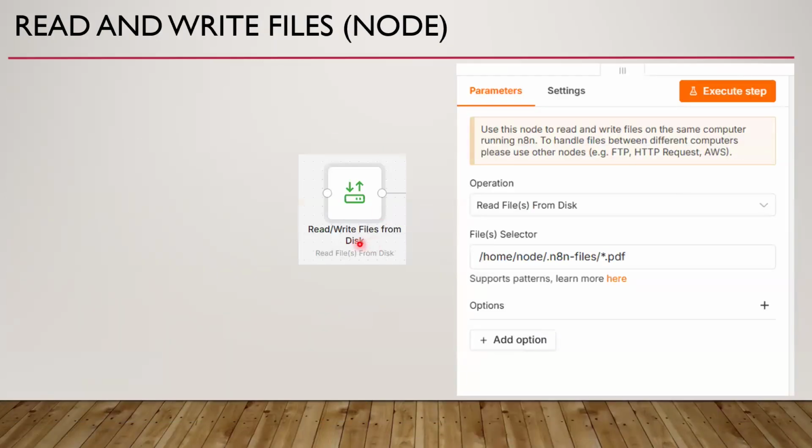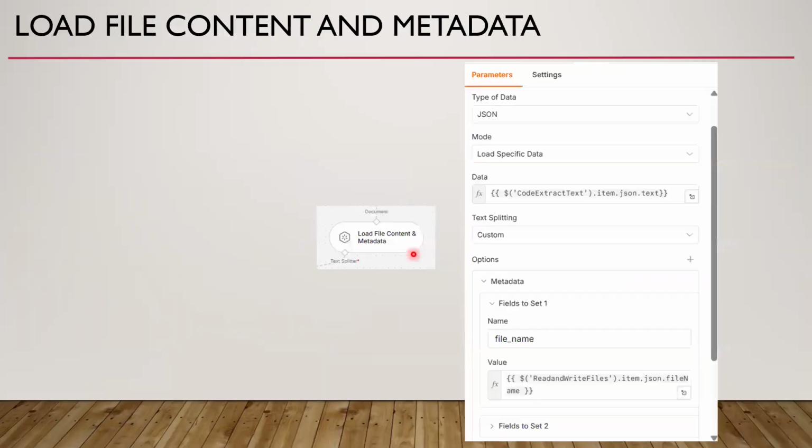And from this node, read and write files from disk, we retrieve the metadata. So we retrieve two pieces of information from two different nodes. One is the code extract node where we retrieve the text, and the other is the metadata information which we retrieve from the read and write files node.